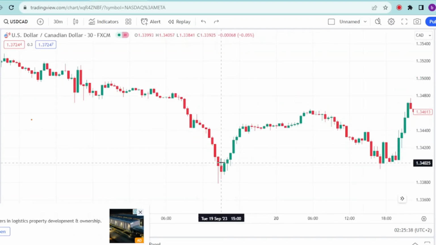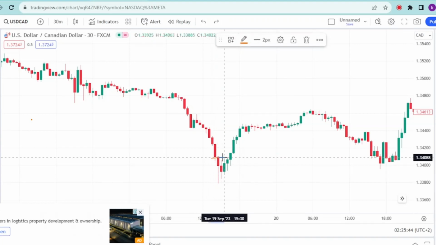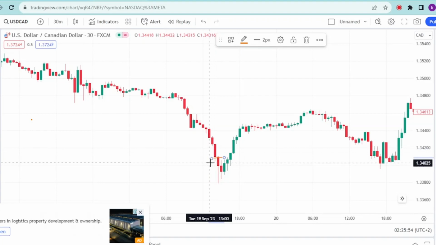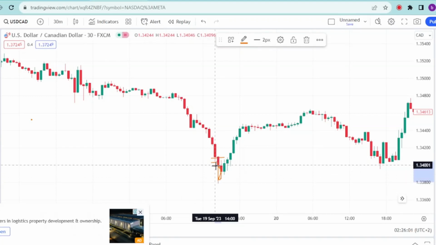So you would have gained profits right here if, let's say, for example, you put a buy stop and a sell stop here using this previous candle. Then the sell stop would have been triggered and you would have made some profit right here.